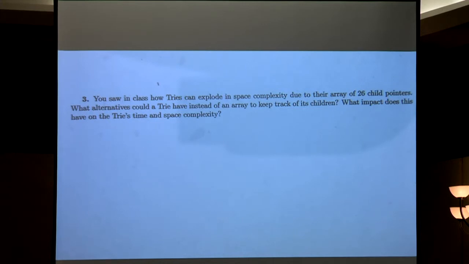I would say, to be more expressive, I would say order A, where A is the size of your alphabet. So in this case, we have an alphabet of just size 26, just A through Z lowercase. But maybe you've got a way more complicated trie that accepts capital letters, hyphens, commas, apostrophes, stuff like that.